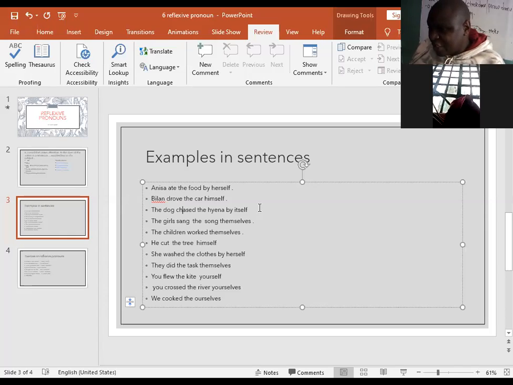The children worked themselves. Look here, the word children is plural. I believe you know that there are certain plural words which do not take S-E-S and I-E-S: child, children, foot, feet, tooth, teeth, ox, oxen, mouse, mice. They are still plural anyway, so we say the children worked themselves.